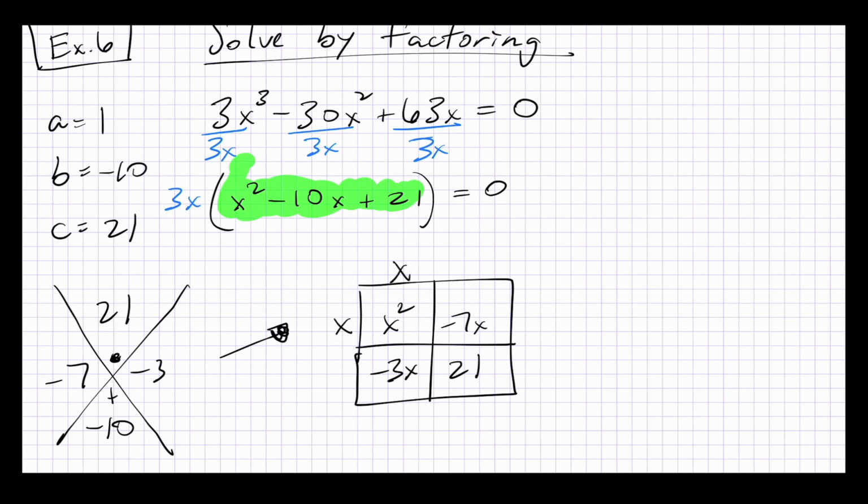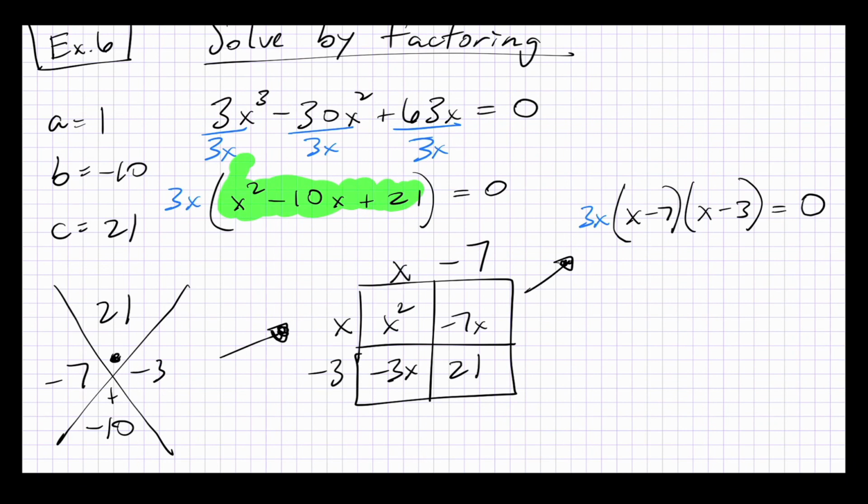We got x minus 7 minus 3. Okay. So when we put them together, give me 1 second. Okay. So we got 3x, then we got x minus 7, x minus 3 equals 0.